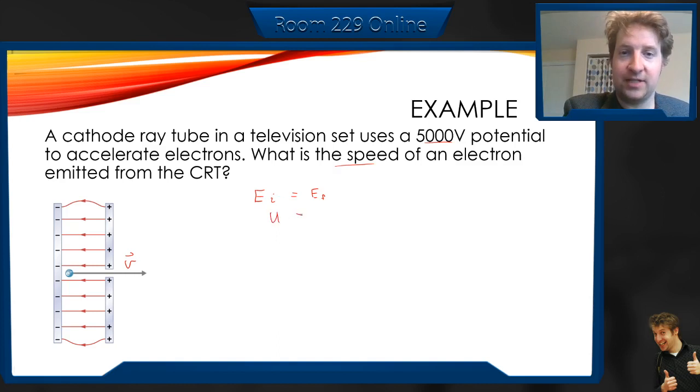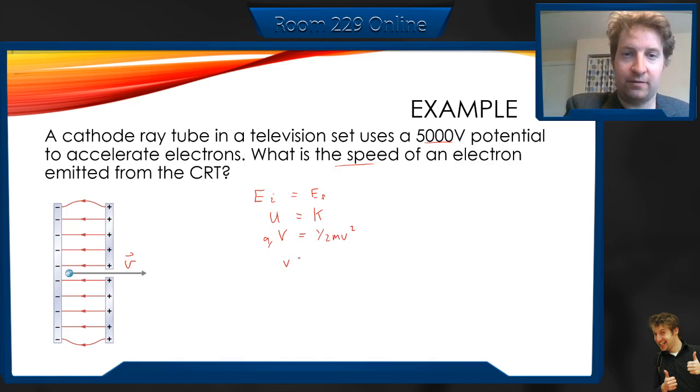It's going to be the potential energy before converted into kinetic. But that initial potential energy is just going to be the charge multiplied by the voltage. Because remember, voltage really is, volts is joules per coulomb. This is a potential per charge. So if I multiply by the amount of charge that I'm pushing, I end up with a potential energy. And that's going to be equal to half mv squared.